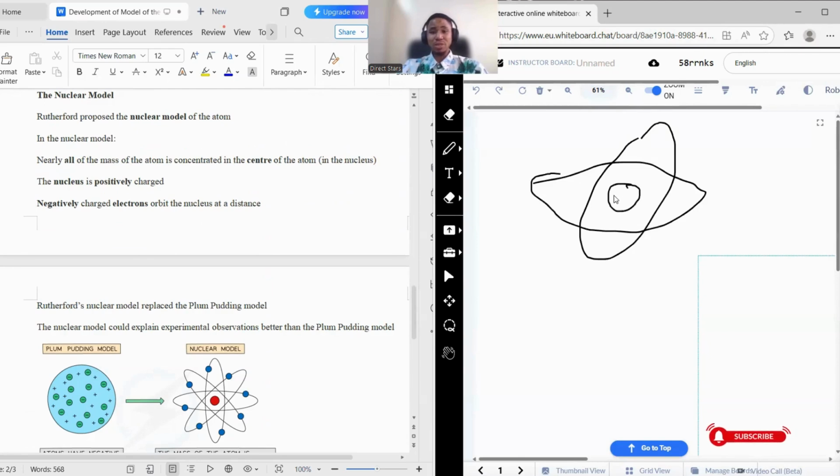Yes, but now the nucleus of an atom consists of proton and neutron, while proton is the positive charge, electron is the negative charge, while the neutron in the nucleus is the neutral charge. And that is the nucleus, while proton plus neutron gives the mass number of the elements.